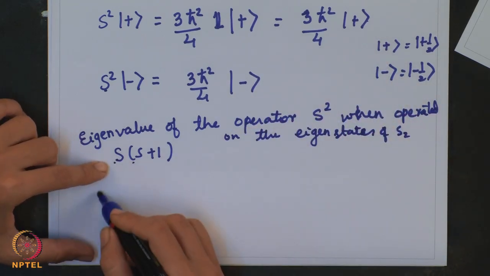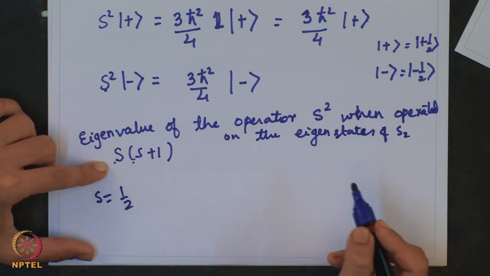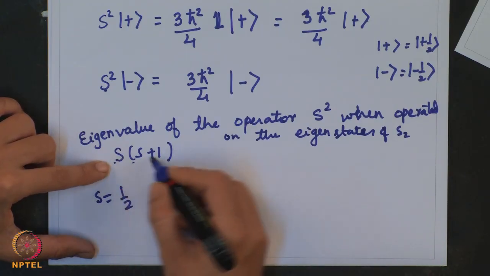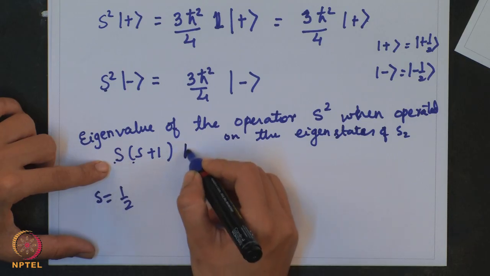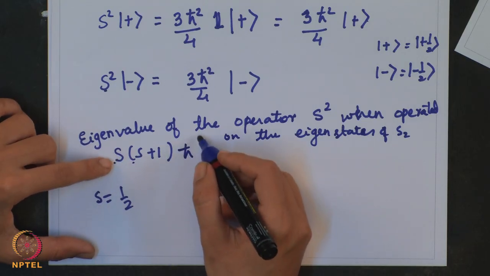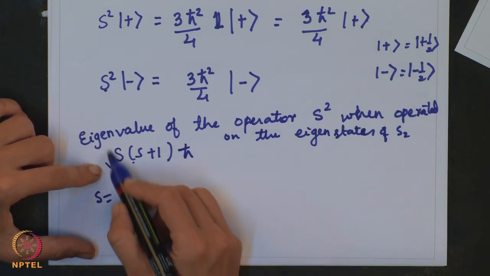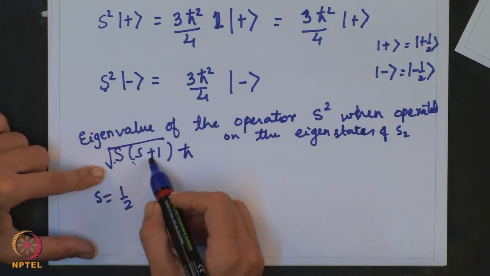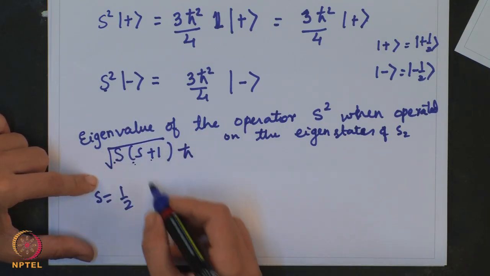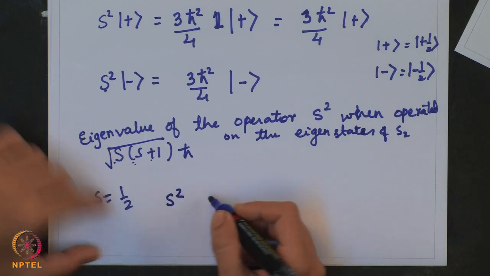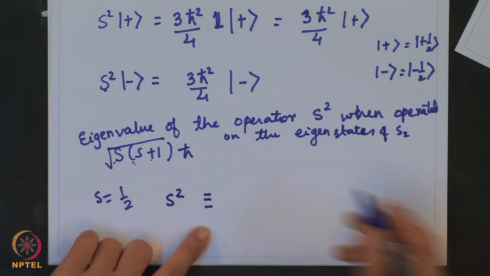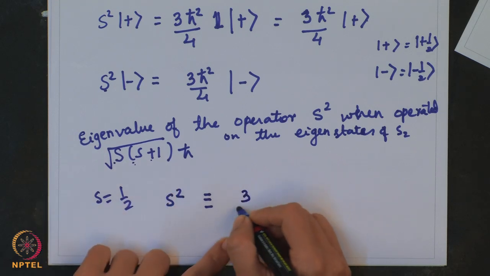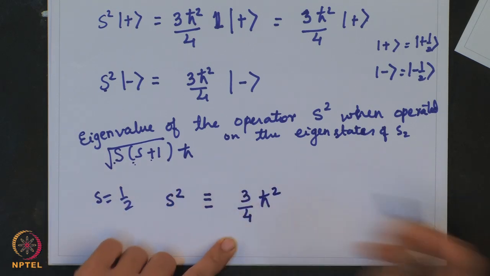When you substitute S as half, what do you obtain? You get the eigenvalue S into S plus 1 ħ square. Actually, it is the square root of S into S plus 1 times ħ, so when you do S square, you will have S into S plus 1 ħ square. The eigenvalue of S square will correspond to S is half, so this will be 3 by 4 ħ square.